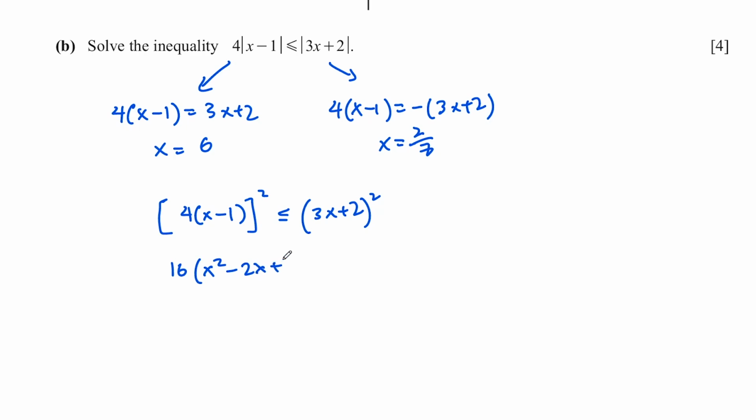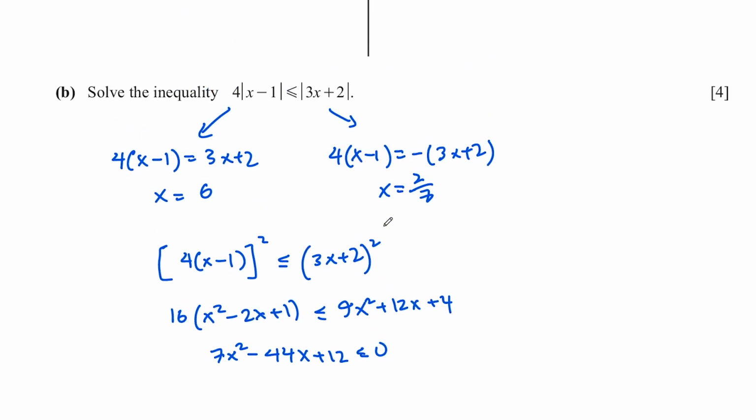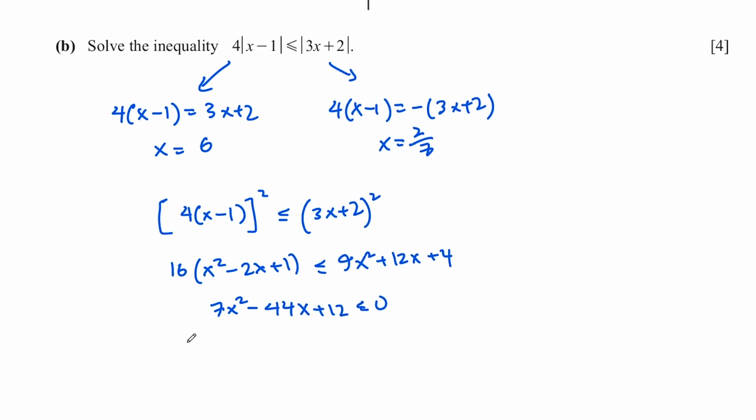Alright, so we have this quadratic inequality here, and actually if you look at this one, we can tell that we want it less than 0, so it will be between these two values. So whatever the roots are, the x will fall in between the roots, right?